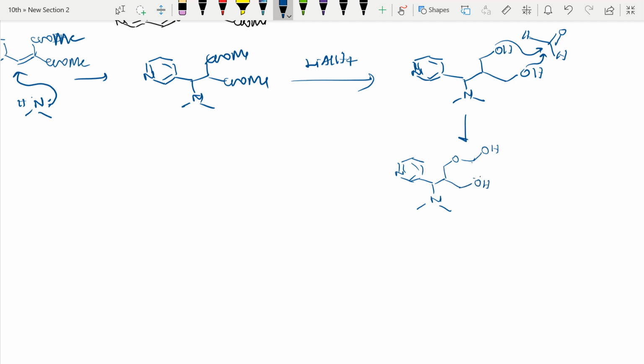Further, whenever this reacts, this OH will leave the system as a water molecule, and we'll get the product which is our target molecule. Right, this was the target molecule.